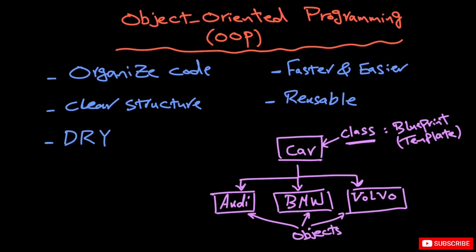From the main template called car, we created three objects: Audi, BMW and Volvo, and you can create as many objects or as many instances as you wish based on the same blueprint, the same template, or the same class. If you create individual objects based on a class, they inherit all the fields, variables and methods from the class, like this example here.